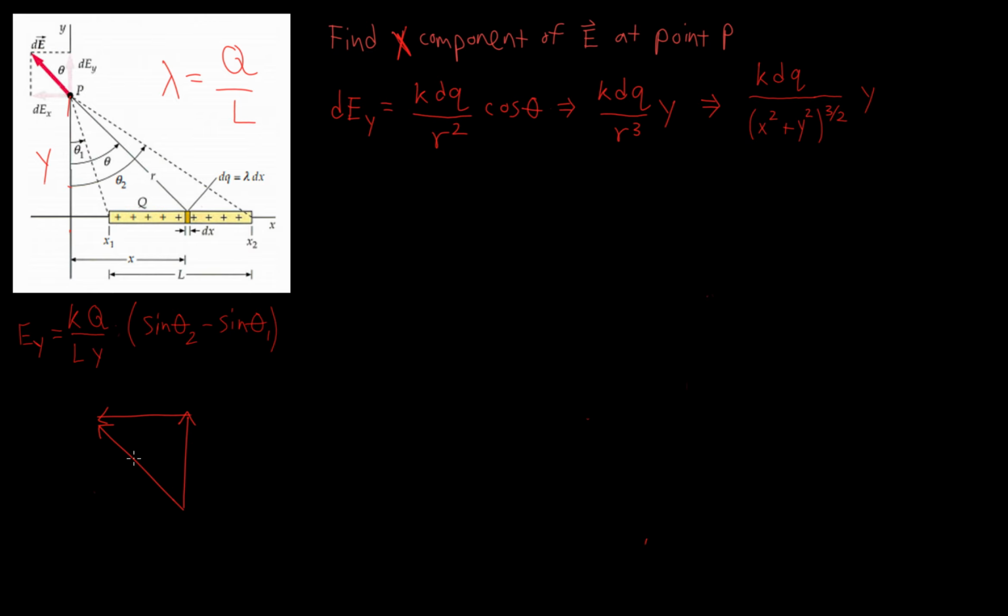We know that this side right here, the hypotenuse, is just dE, and the vertical vector is dEy. But now what we want to find is the electric field at point P in the x direction.